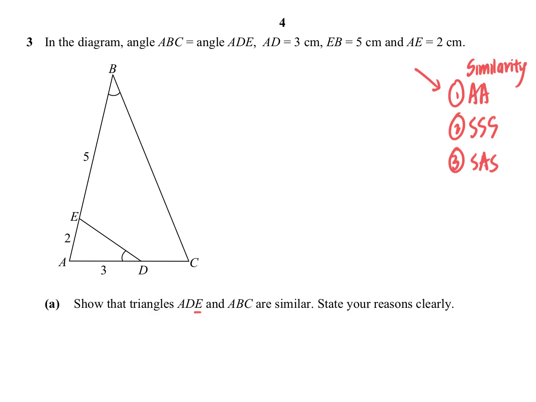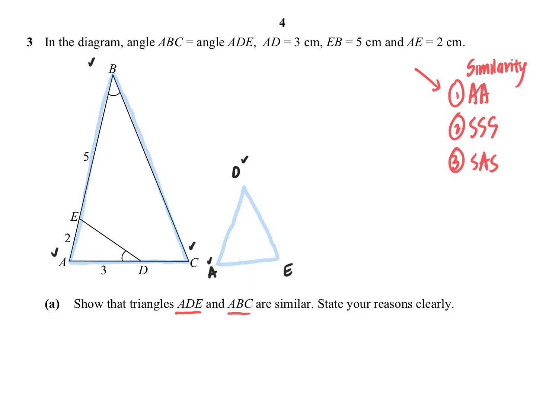So they give you two triangles, ADE and ABC. So first thing, they already gave you ABC. So you are highly recommended to draw a smaller ADE. The order is very important. So ABC, you must go with ADE.